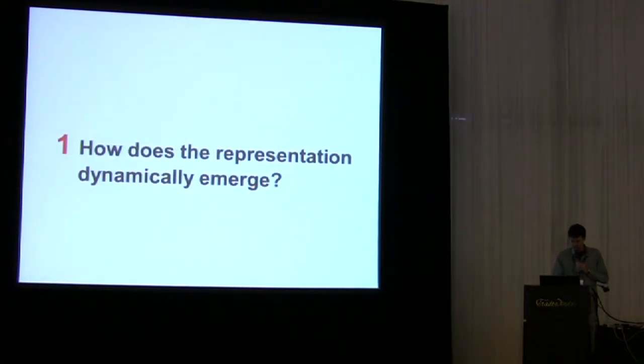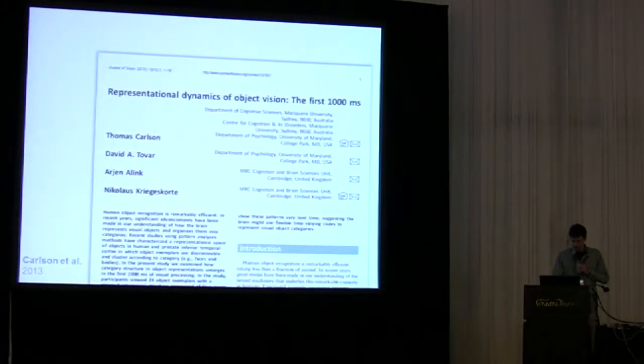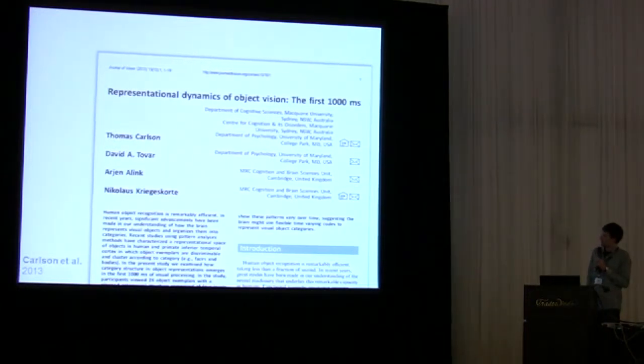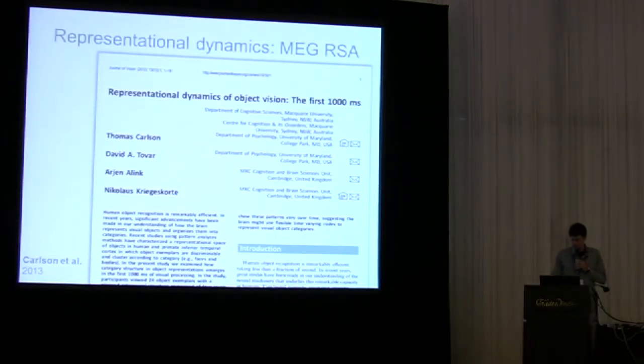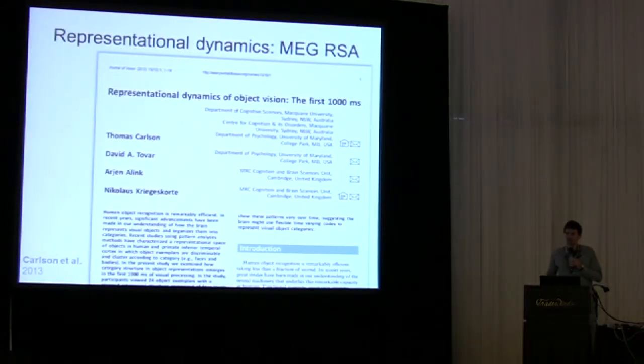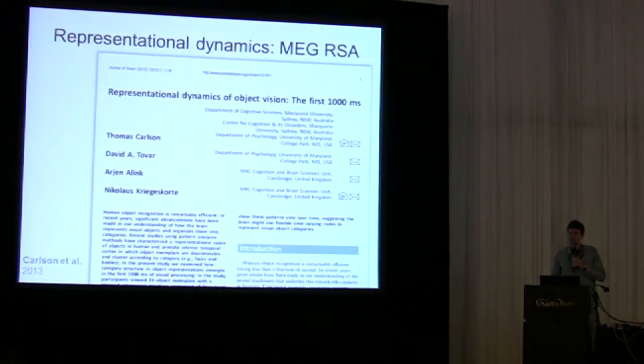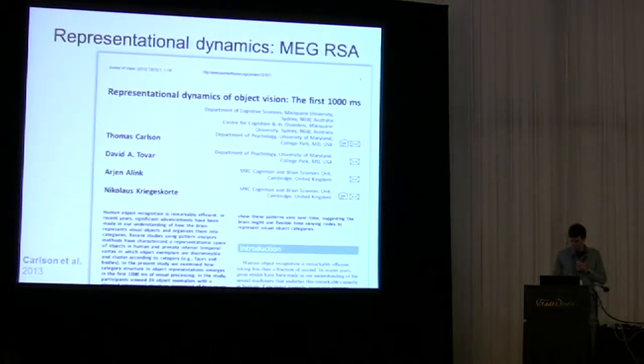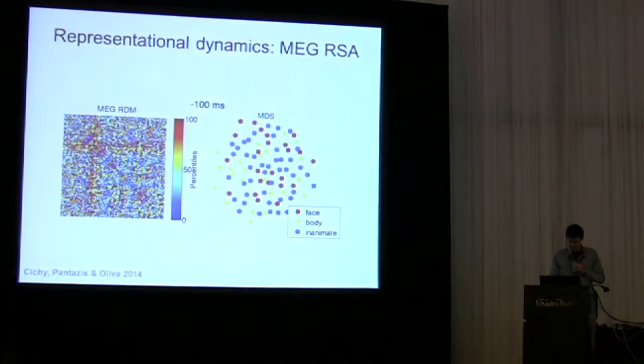So how does the representation dynamically emerge? Last year, Tom Carlson published a paper that took this representational similarity approach to MEG. So this is representational dynamics with MEG RSA. Tom Carlson has pioneered some of the MEG decoding work earlier, and then he did this, and I'm really excited about this.